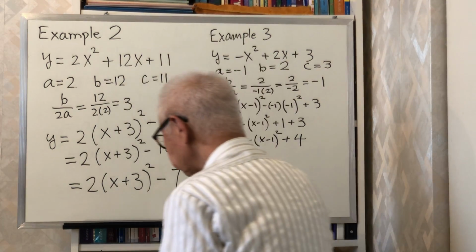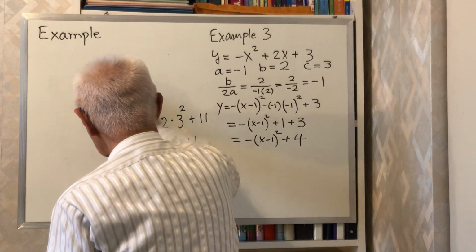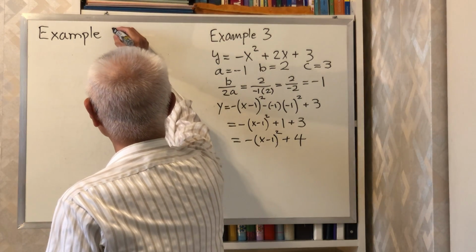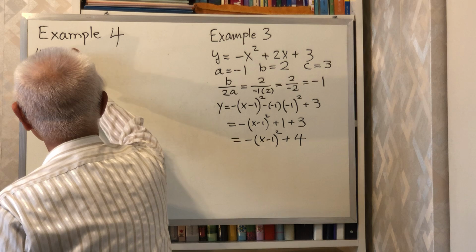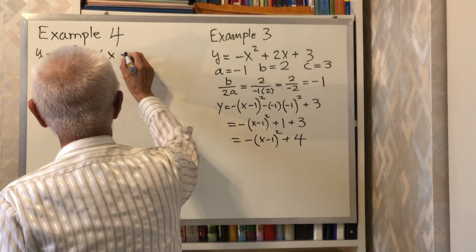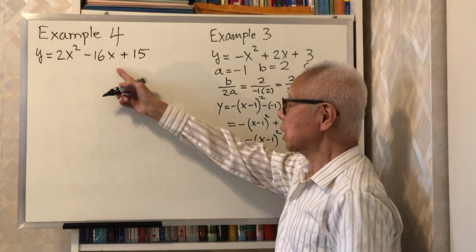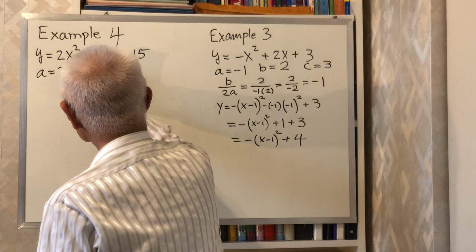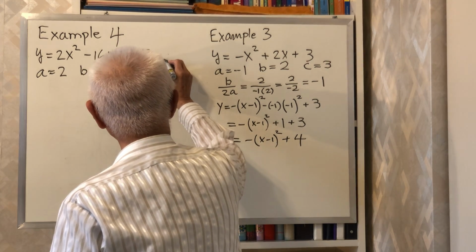Let's have another example. This is the quadratic function given. a is 2, b is negative 16, c is 15.